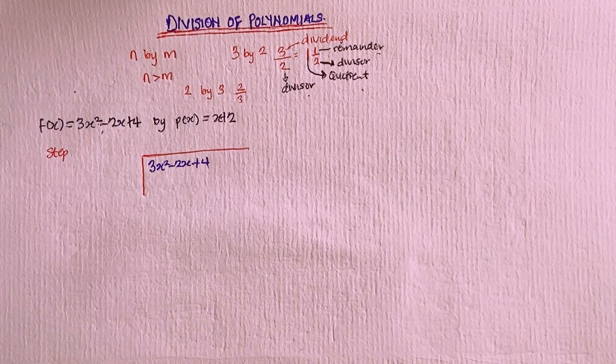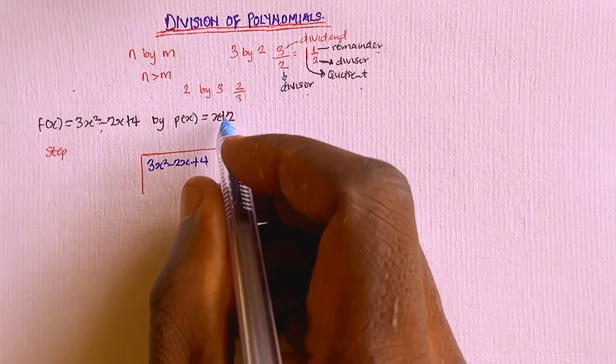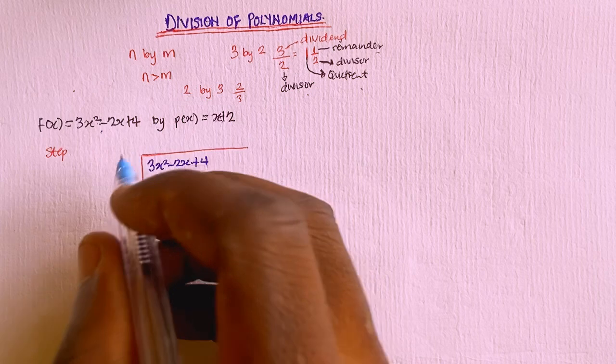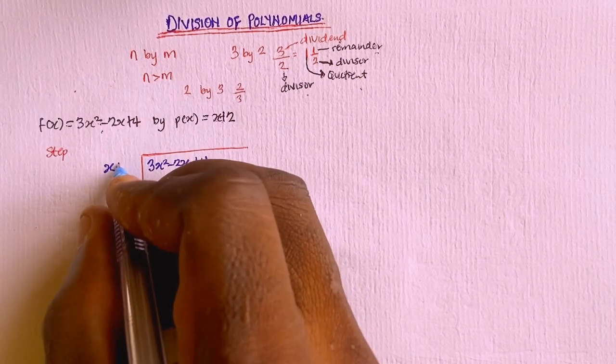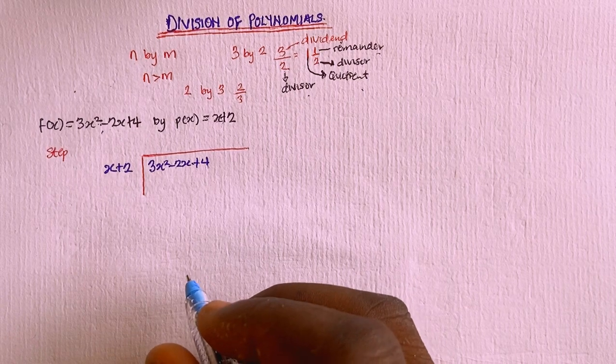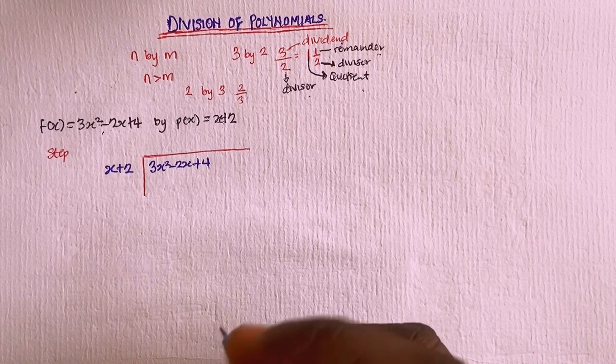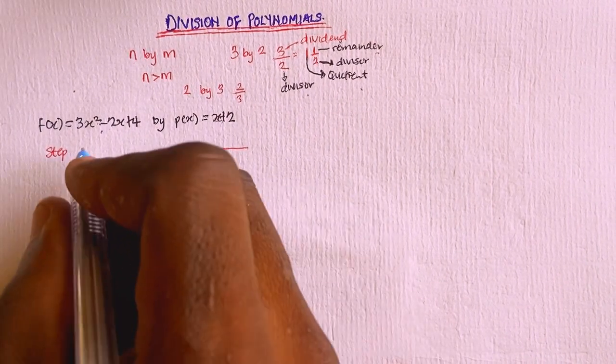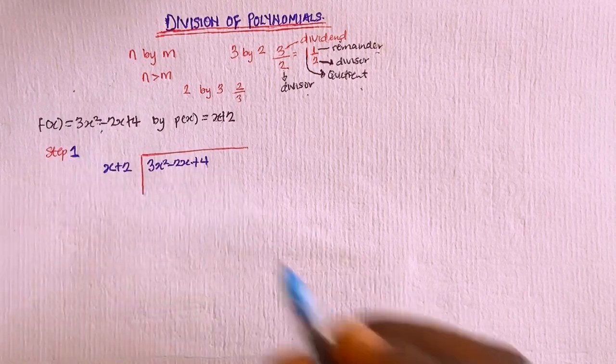That's the first step. The next step is that you place your divisor, which is x plus 2, here. Then after that, you go ahead and divide. But before that, this makes up your step 1.